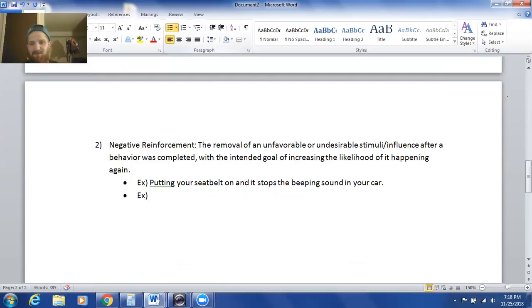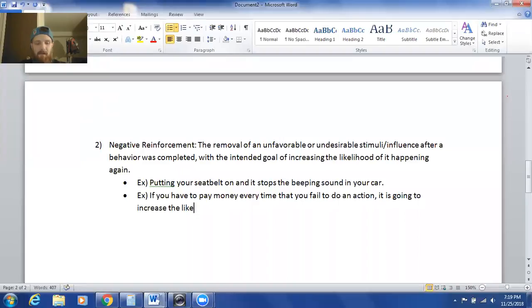But when left to their own devices, people are going to do what they want. Another example is if you have to pay money every time you fail to do an action, it is going to increase the likelihood of avoiding that behavior.